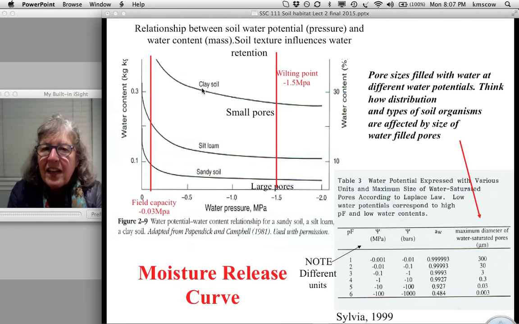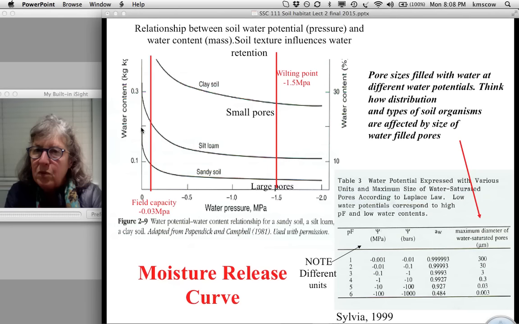So let's look at this interesting relationship between these soil moisture release curves and texture. So here we have a sandy soil, right? And we start out at 0, no pressure, free water. So in a sandy soil, we may have something like, I don't know, 20% moisture. It's like 0.2, 20% moisture. And then as you apply pressure to the soil, look what it does with its water.